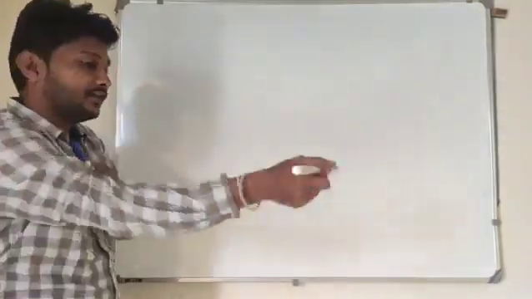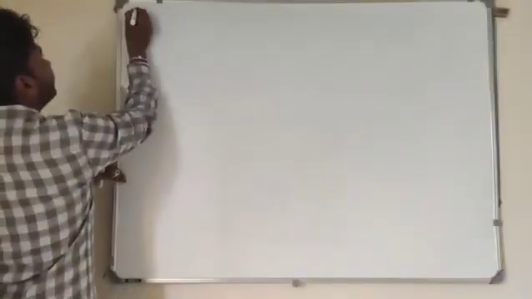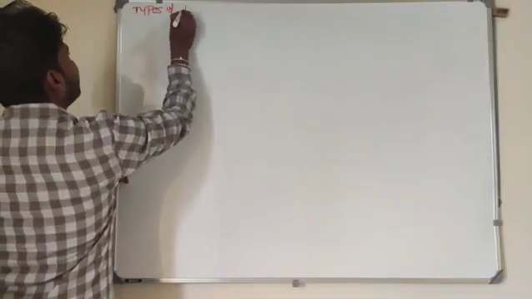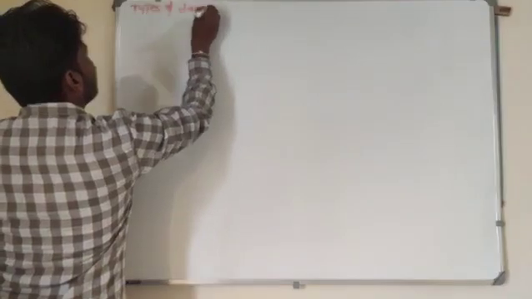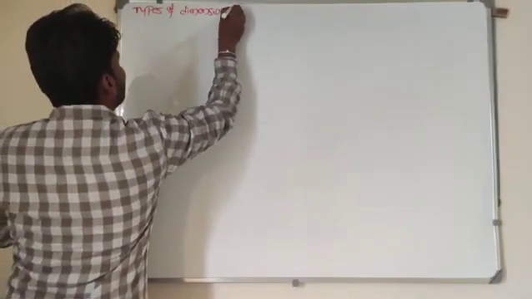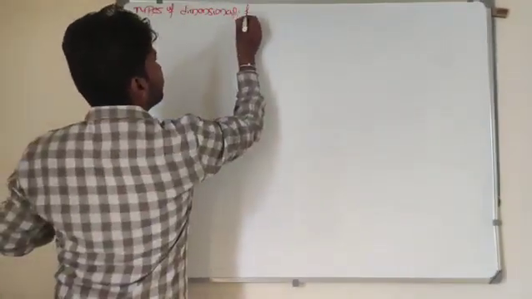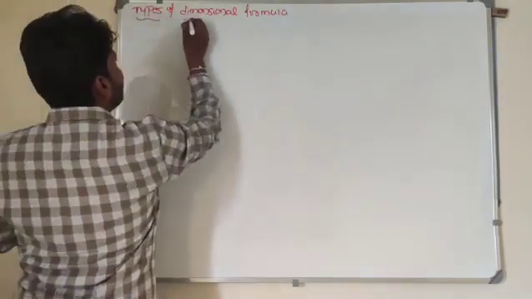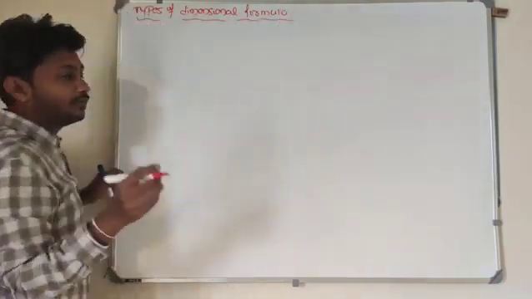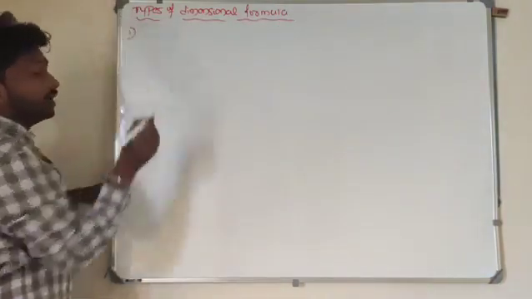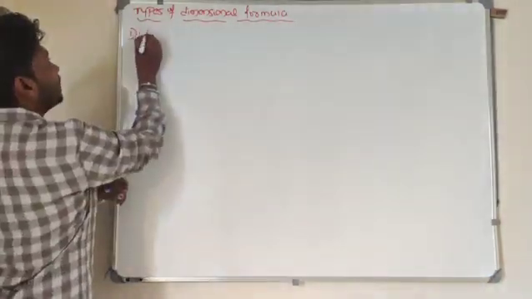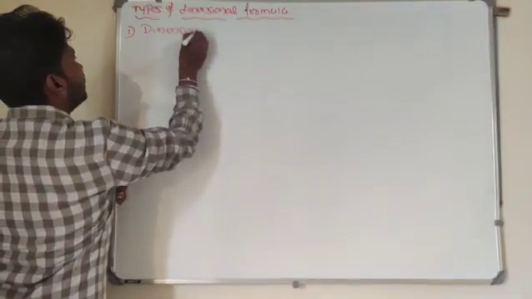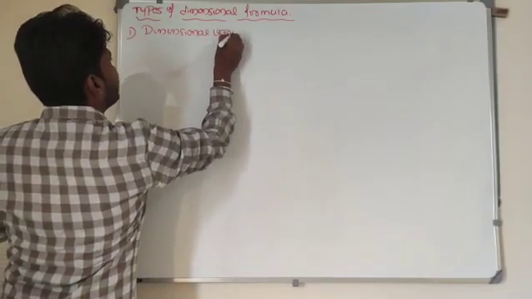So first, I will take dimensional variables. Look here, the first one is the dimensional variable.